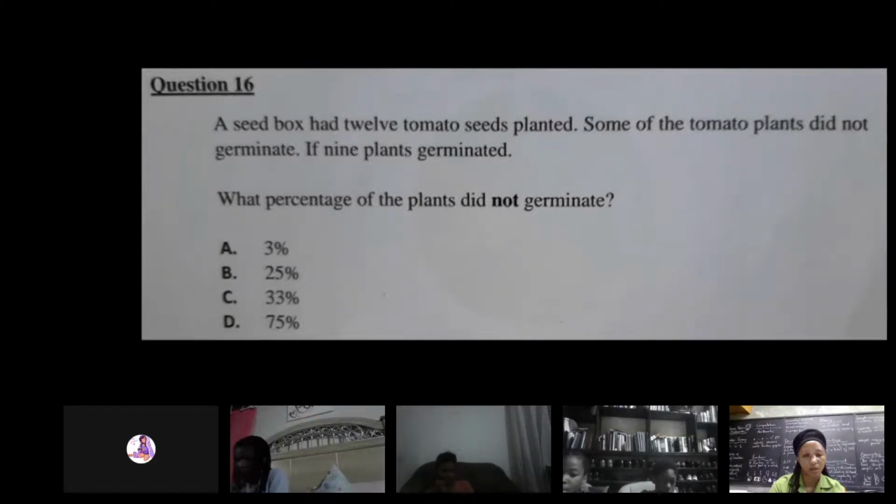So why did you put 9 over 12? Miss, because 9 out of the 12 seeds did not germinate. No, 9 plants germinated. Oh, okay, miss.